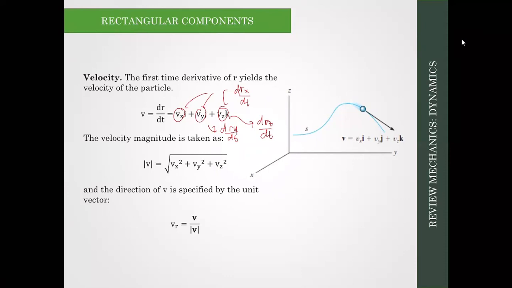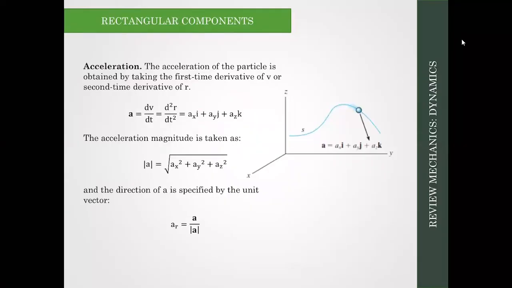Then, as predicted, for acceleration, it is just the second derivative of our position vector r, or the first derivative of the velocity vector. So when we derive the velocity vector, or derive the position vector twice, we will have our acceleration vector.